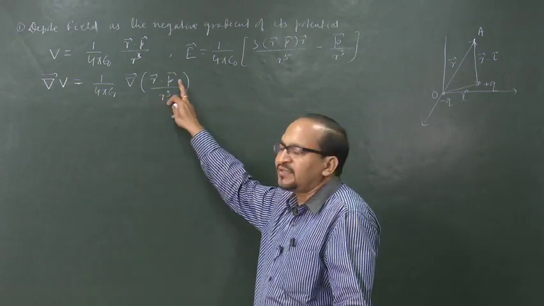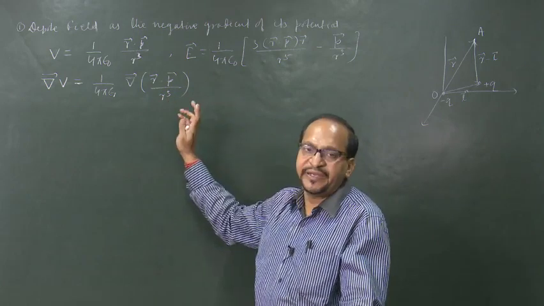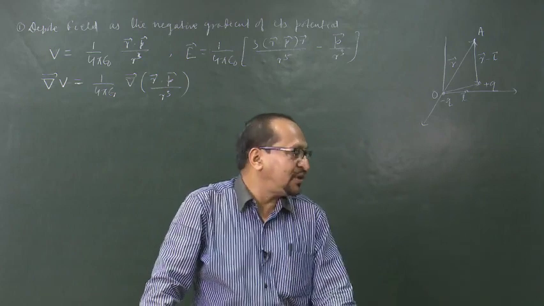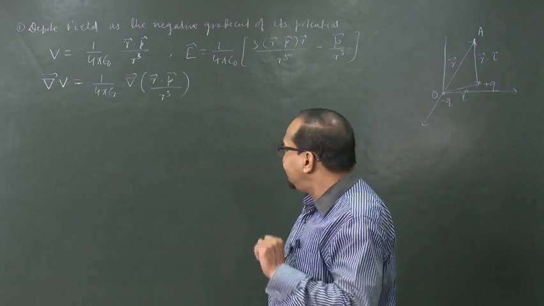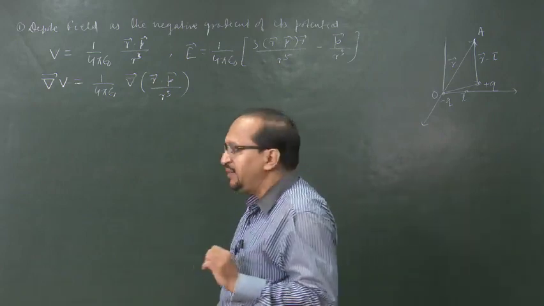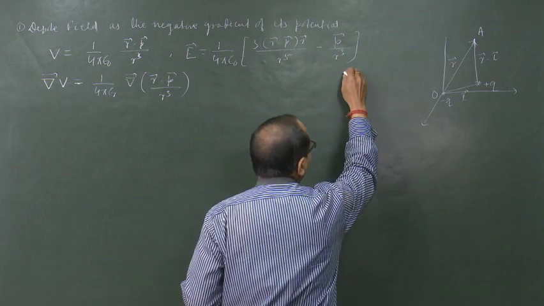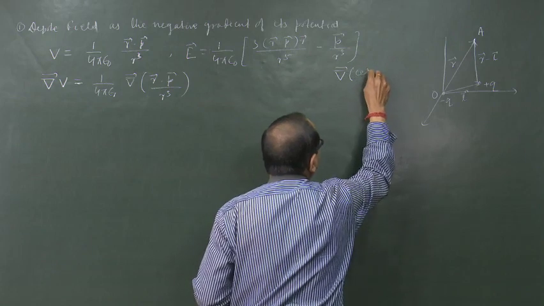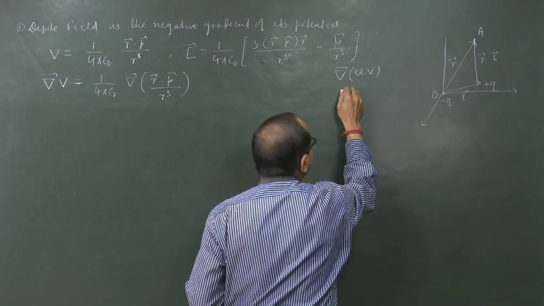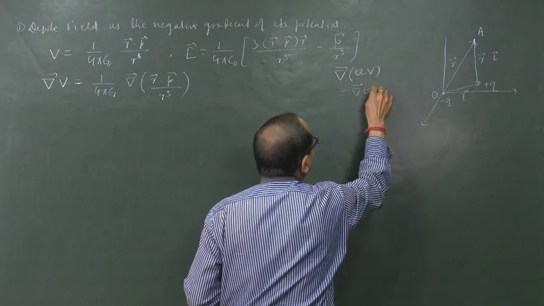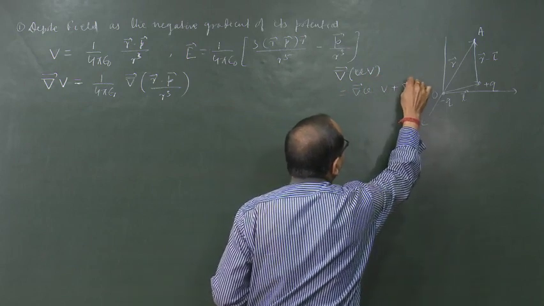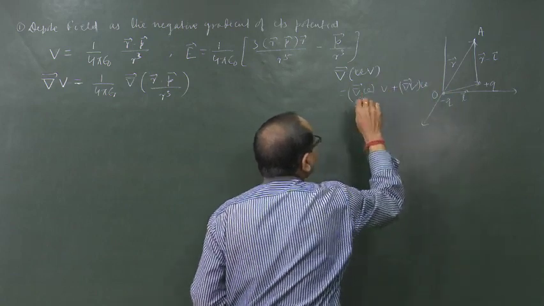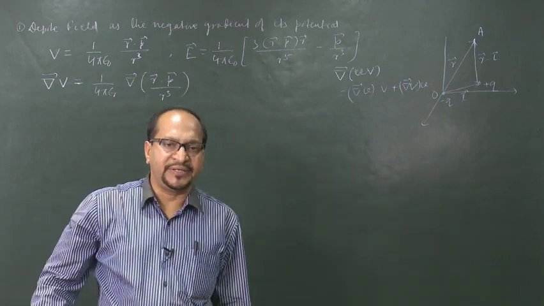One is the dot product r dot p, that is one scalar, and the other is 1 by r cube, which is 1 by the cube of the magnitude of the position vector. Then we will use a rule of vector algebra, that the gradient of a product of two scalar quantities, gradient of u into v, is equal to grad of u into v plus grad of v into u. This is a rule of vector algebra, it is a product rule.